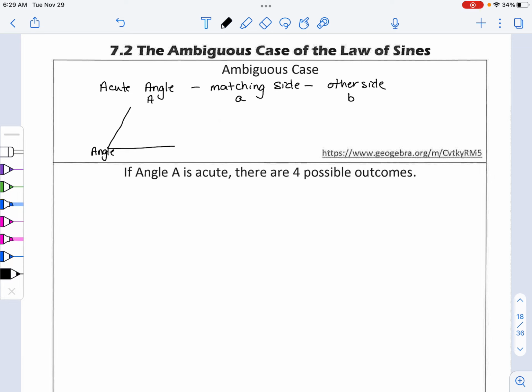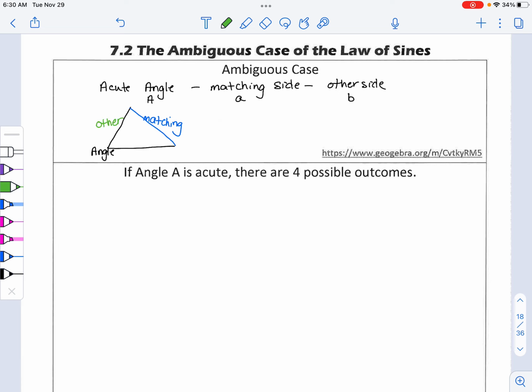After that, on the far side, you're going to put the matching side. And lastly, adjacent to that angle, you're going to put the other side.